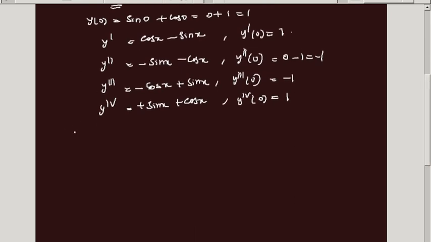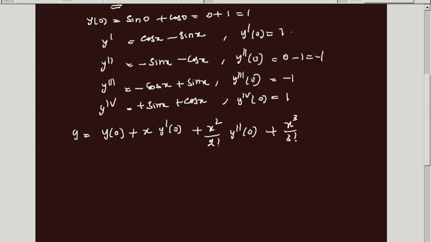So Maclaurin series is y equal to y of 0 plus x into y dash of 0 plus x square by 2 factorial into y double dash of 0 plus x power 3 by 3 factorial into y triple dash of 0 plus so on.